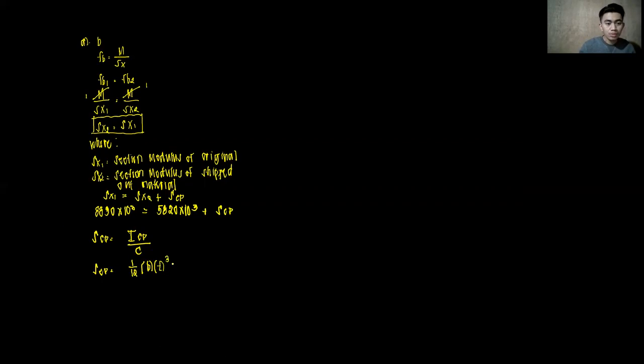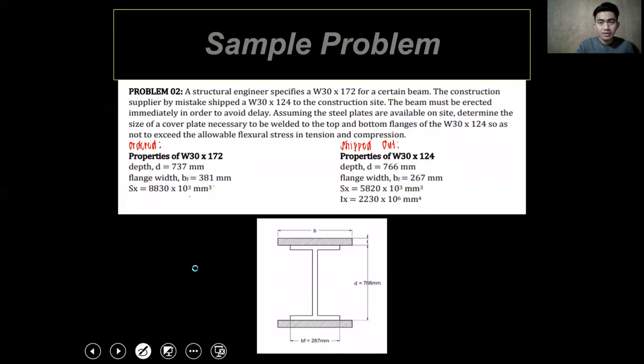T cubed plus the area, B times T, multiplied by the depth, which is 766.